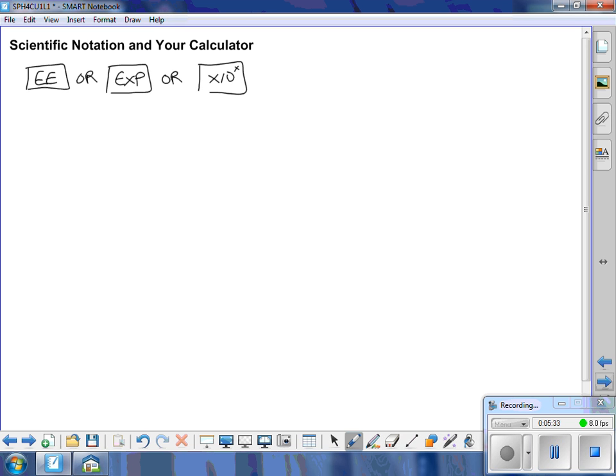So when you have these big numbers, you don't have to convert back and forth. For example, if we take our 3.25 times 10 to the 6, and we want to multiply it by 4.238 times 10 to the 3, we can just use our regular calculator application here to do the calculation.